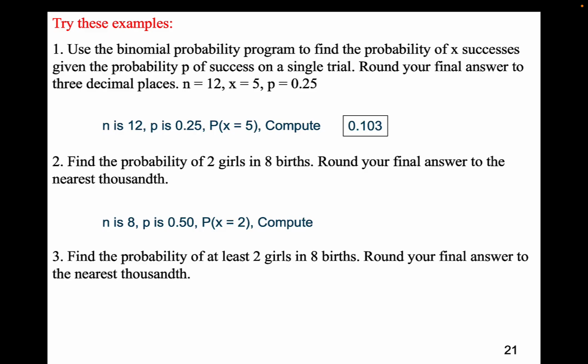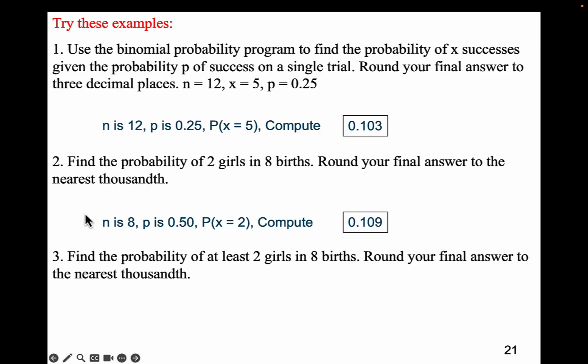Probability of a birth resulting in a boy, 1/2. Probability of flipping a coin and getting tails, 1/2. That's where this 1/2 or the 0.50 came from. If you set it up as x equals 2 and ran the program correctly, you'd get 0.109.